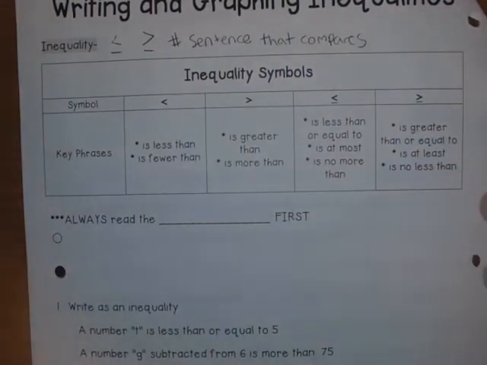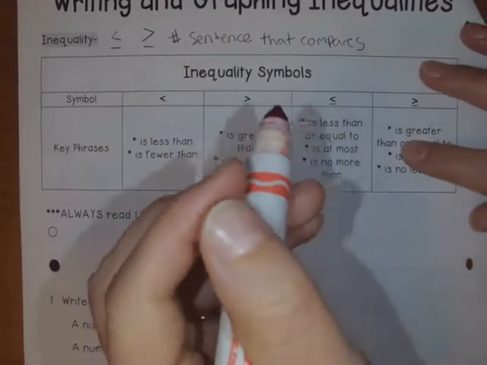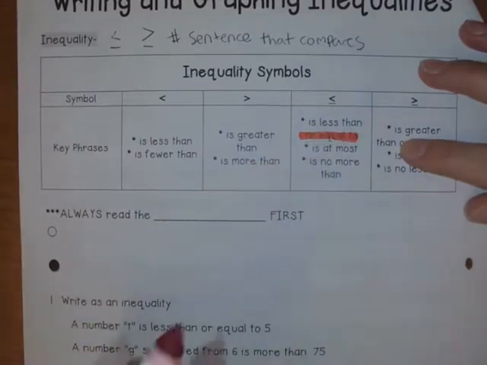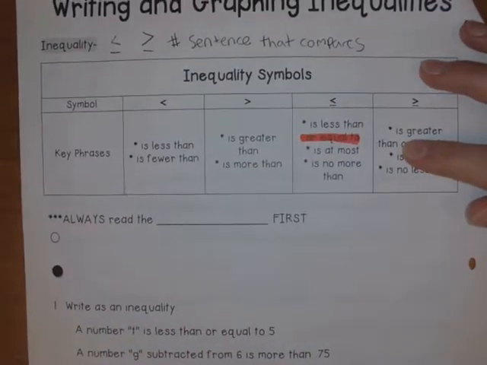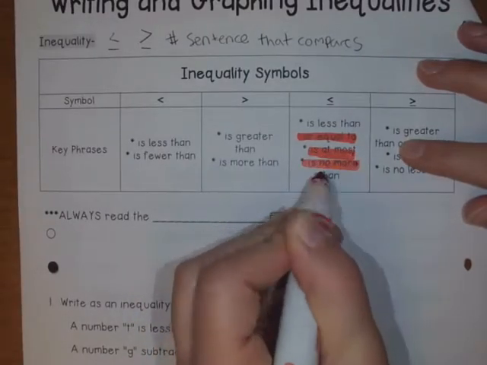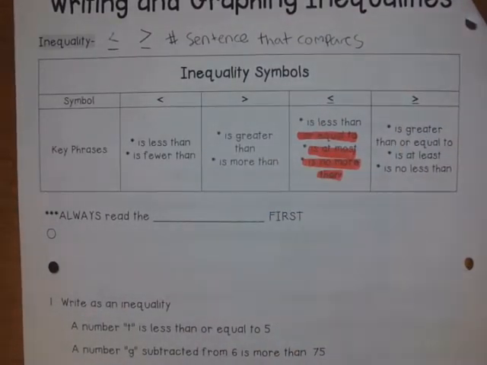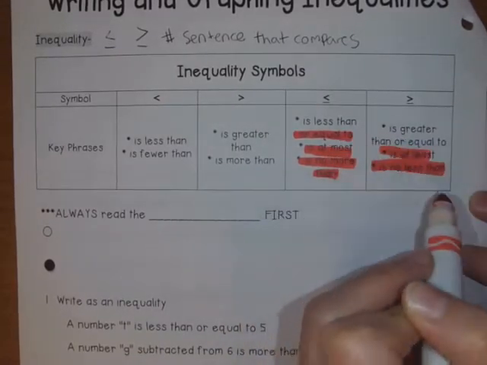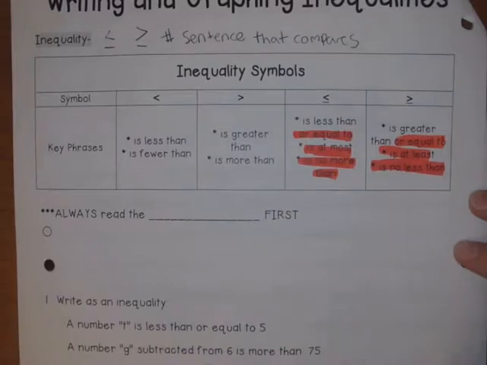Okay, some of the key signs when you read: is less than or equal to, is at most or is no more than, is no less than, is at least, and then the or equal to.